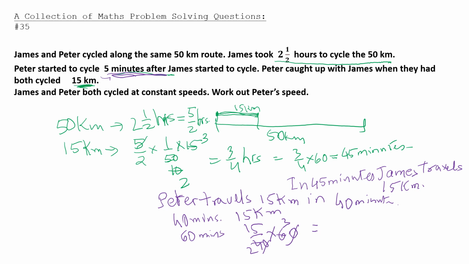That is 45 out of 2, and that is 22.5. Yes, 22.5 kilometers per hour. And that is Peter's speed.